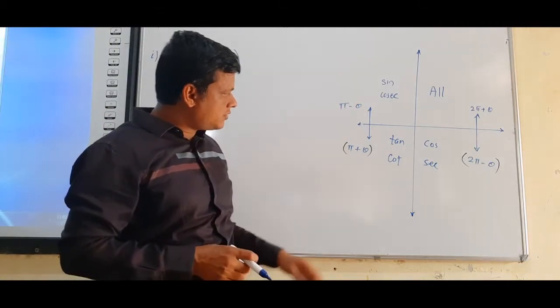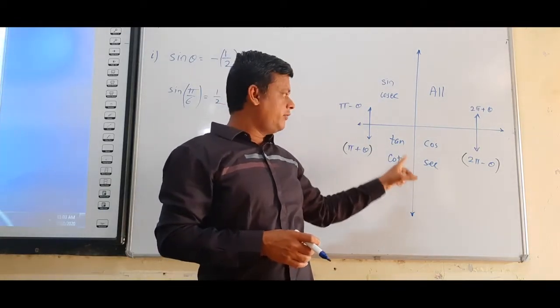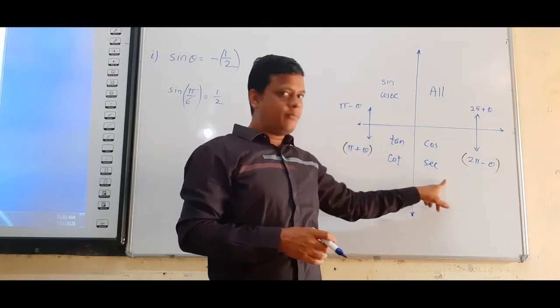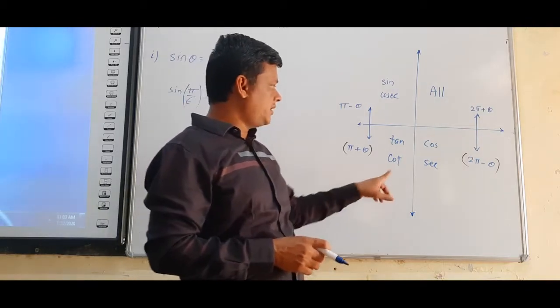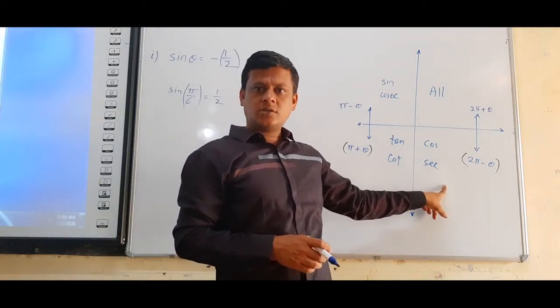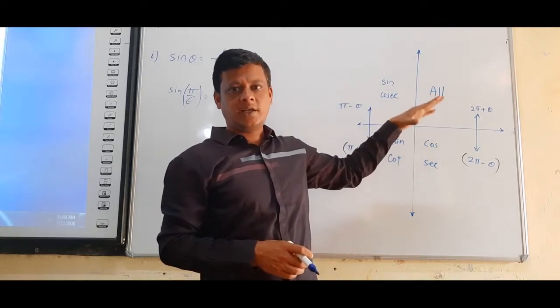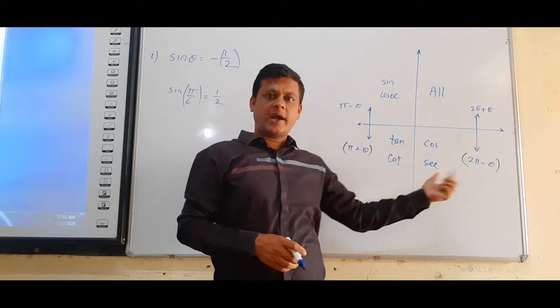So we have to check the next quadrants, third and fourth, in which the sin ratio is negative. That means in the third and fourth quadrant we get the principal solutions, because here sin is negative. In this quadrant also sin is negative. In the first and second quadrant sin is positive.